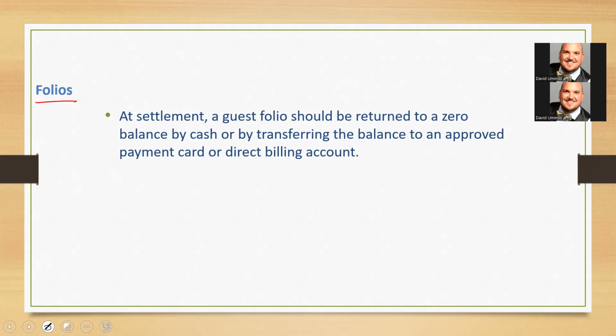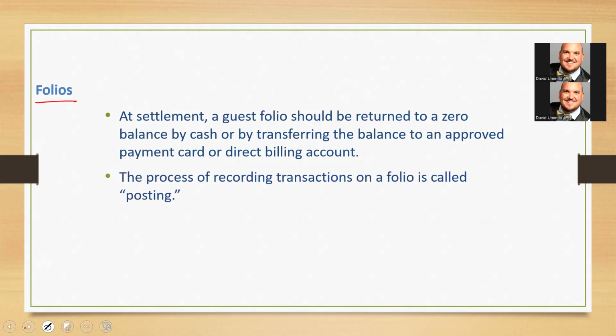It's all just listed, right? But the folio is just basically how we keep track of the guest's charges. So it's basically just the guest account essentially, okay? And then, like I said, anytime somebody charges, we call it posting to the folio.